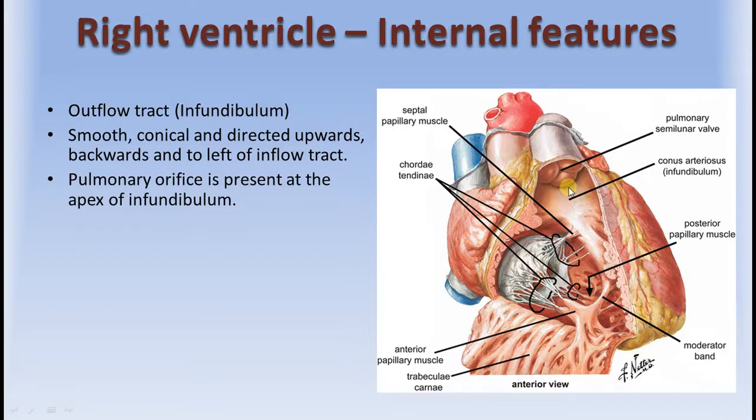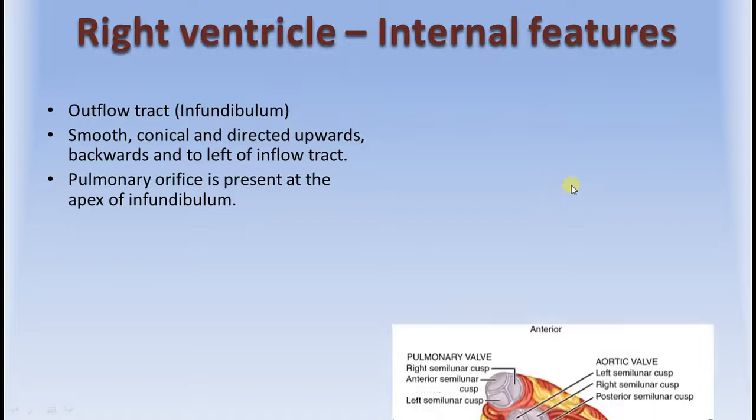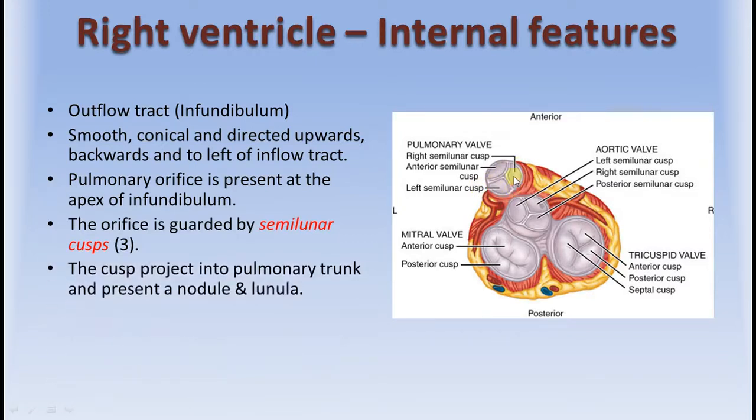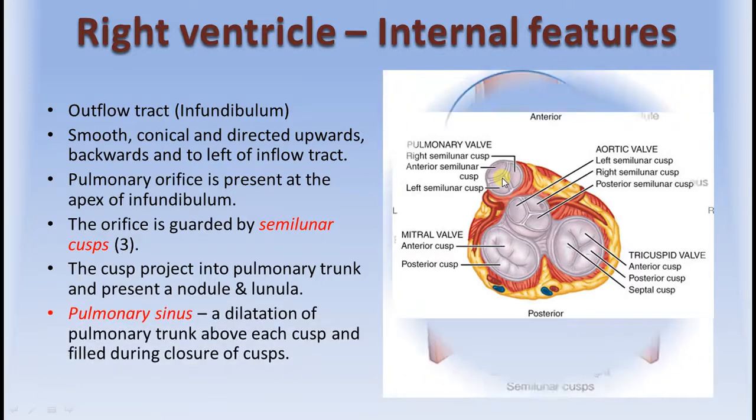Its apex is guarded by a valve at the pulmonary orifice. Here you are able to see the pulmonary orifice. It is guarded by three cusps, which are called the semilunar cusps, or semilunar valves. They project into the pulmonary trunk, and we have a central nodule, and on either side we call it the lunula.